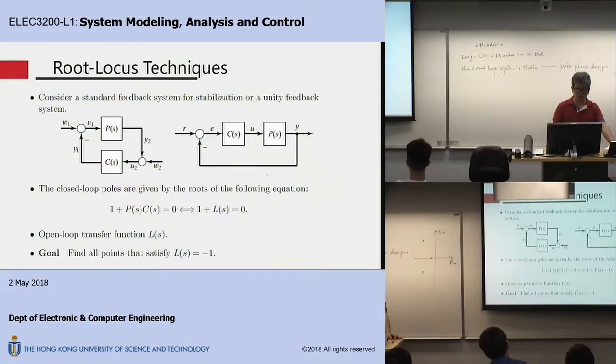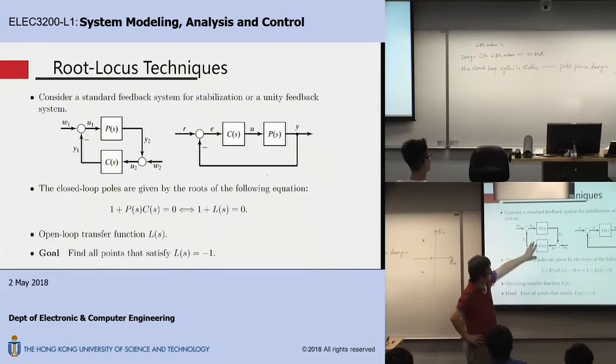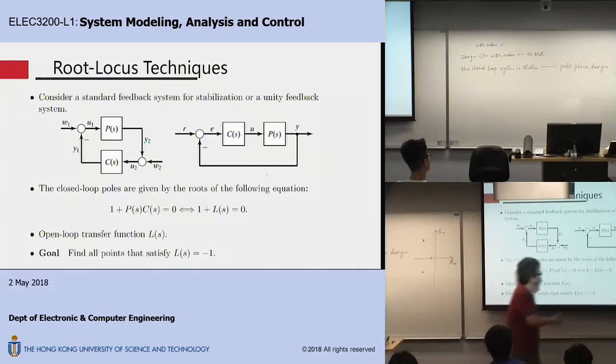Again, we have the closed loop system. This is the standard closed loop system stabilization, and this one is more like regulation, but it's a single degree of freedom, a unit feedback.